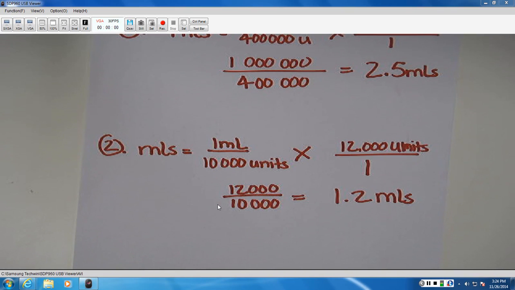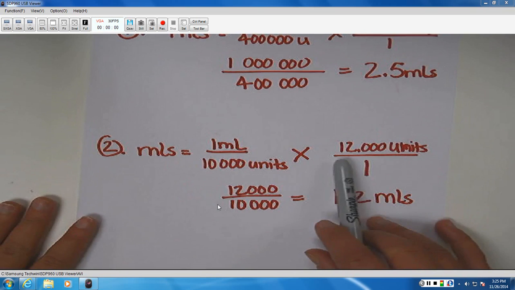This is getting you into practice of looking at a label and determining the strength of the medication that you have. On this label it says this medicine is 10,000 units per mL. It even does a little bit of math for you, and it says this is a 2 mL vial, and so it has 20,000 units in this 2 mL vial.